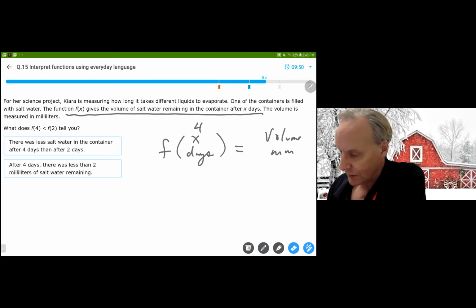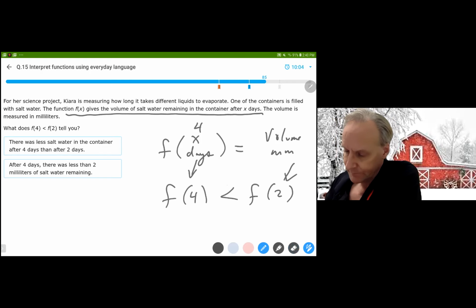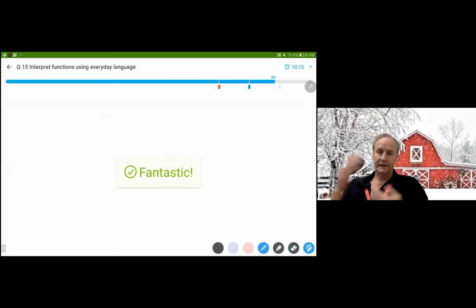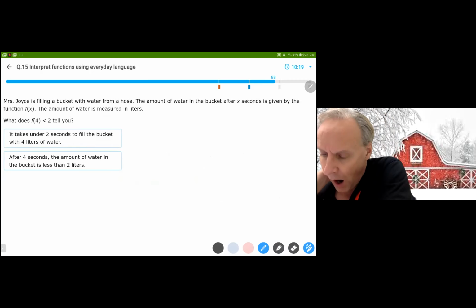F of 4 is less than F of 2. Well, after 4 days, there is less volume than after 2, because this is the volume and there is less of it after 4 days than after 2 days. So clearly it's leaking out or it's being evaporated or something.